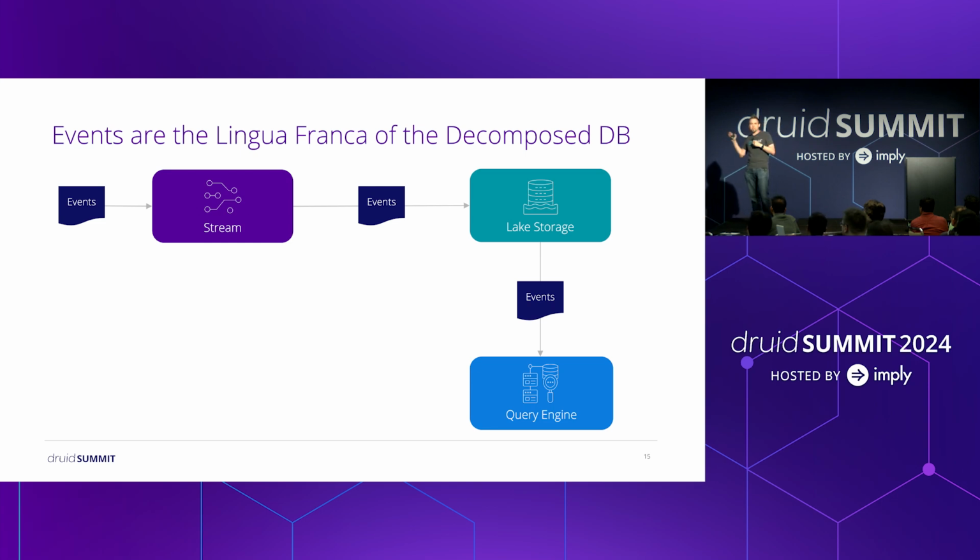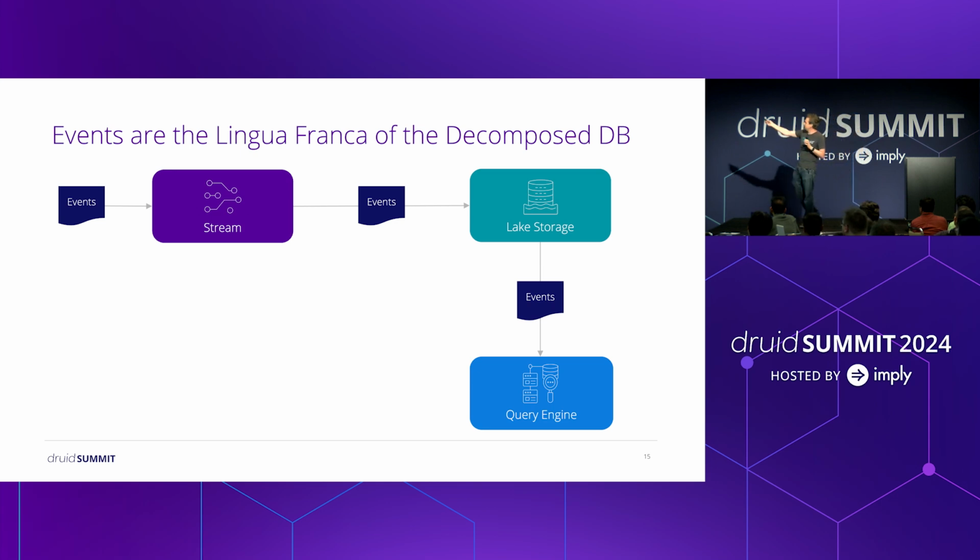And so this idea of the event actually being the thing that goes between these different systems used to be an implementation detail of the traditional database, but when that got decomposed, it became a first-class entity in the overall architecture that has to be dealt with as it goes from system to system.